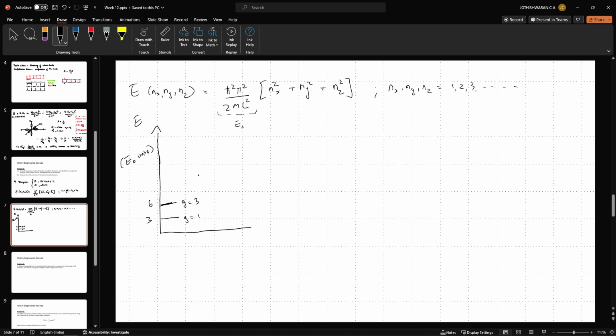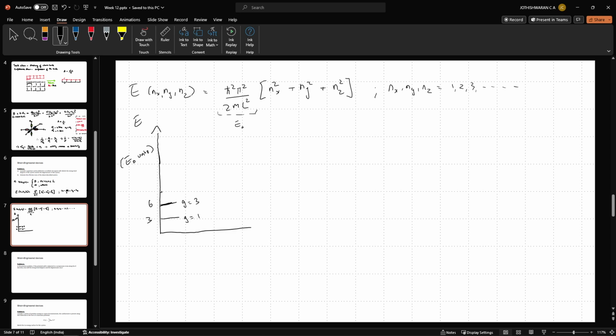And the next excited state is, we can either have 2 2 1 or 3 1 1. So 221 will correspond to the case where the energy is 9 E naught, and 311 will correspond to the case where the energy is 11 E naught. So obviously 221 is the next state.